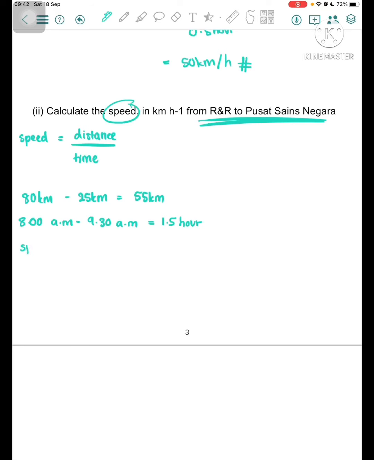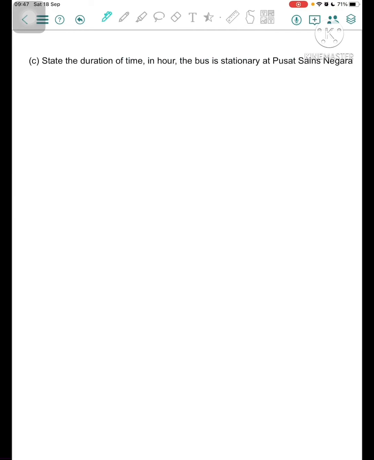So the speed is equal to 55 km over 1.5 hour. It's equal to 36.67 km h-1. This is the answer. Okay, question C.